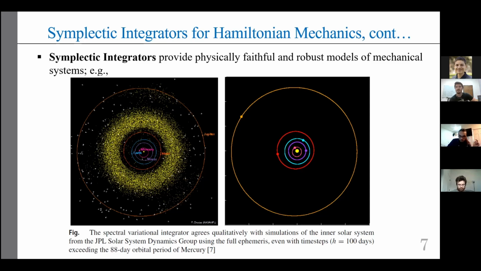But what you can show is that a symplectic integrator arises from sampling a perturbed Hamiltonian. It's the other way around. We might not know the perturbed Hamiltonian explicitly, but what we do know is that it's somehow close to the actual Hamiltonian. And that's what explains this robustness.